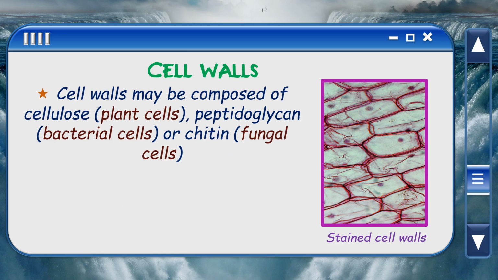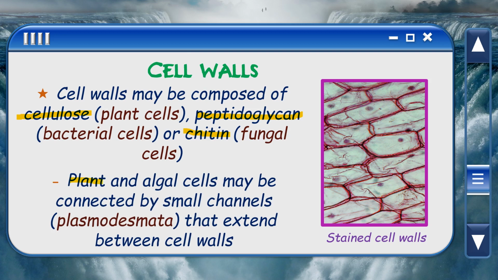The cell wall may be composed of cellulose in plant cells, peptidoglycan in bacteria, and chitin in fungal cells. Those are the cell walls.